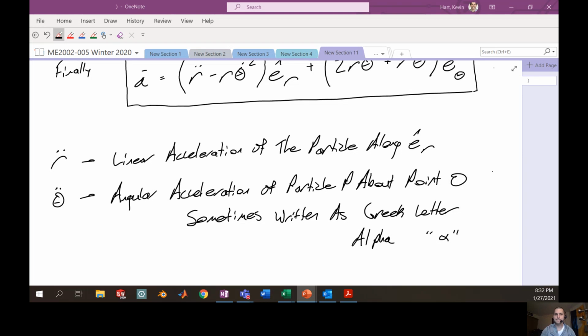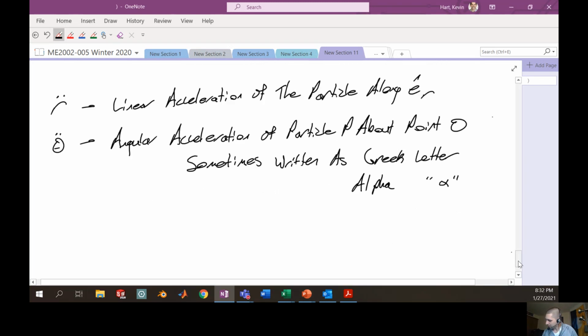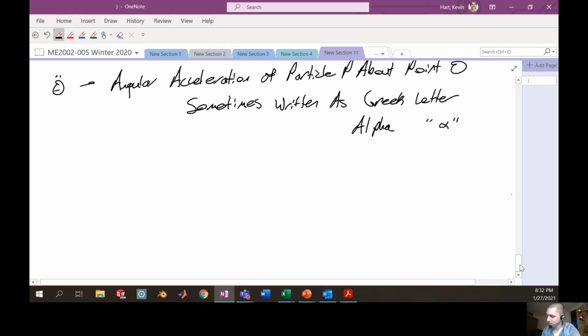All right. Let's put a picture on here and talk about this. So we have our accelerations and we have our velocities. Let's put a picture on here now and talk about these guys. So physical meanings of the acceleration terms.